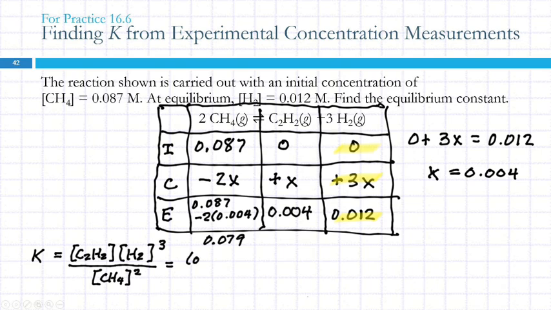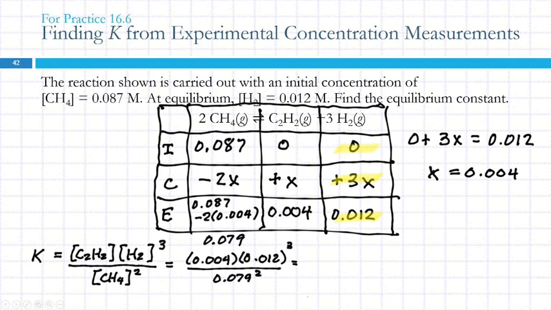So we've got 0.004 times 0.012 cubed divided by 0.079 squared. Oh, that's kind of ugly. My calculator is giving me a bunch of zeros.